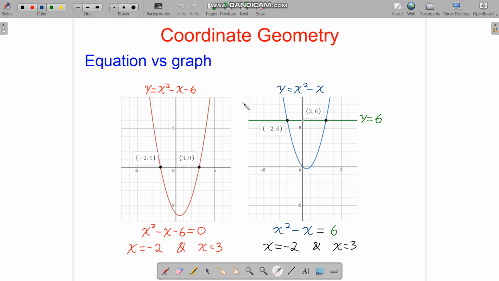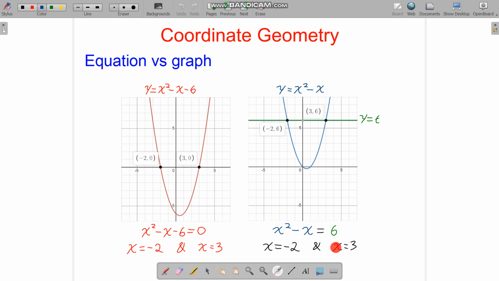We have this graph, and if you want to find the intersection between this blue graph and this green straight line y equals 6, we substitute: x squared minus x is equal to 6, because y equals this, y equals that, so this must be equal to that. Now the solution to this equation is exactly like this one, because if we subtract 6 from both sides, we get exactly the same as this.